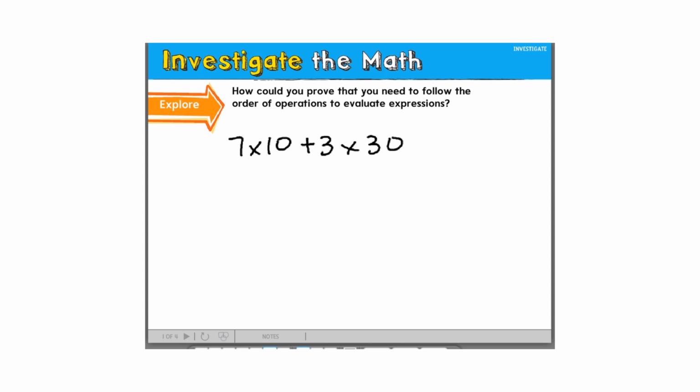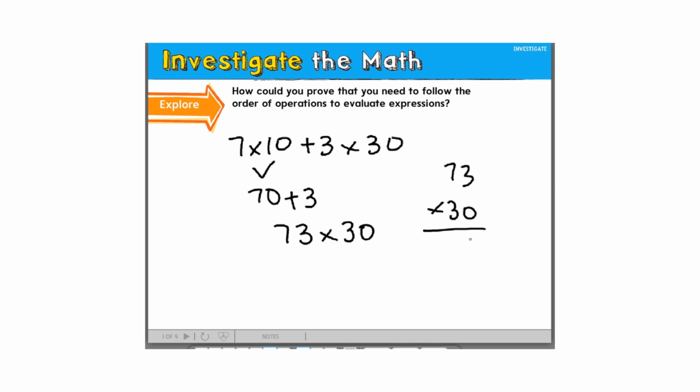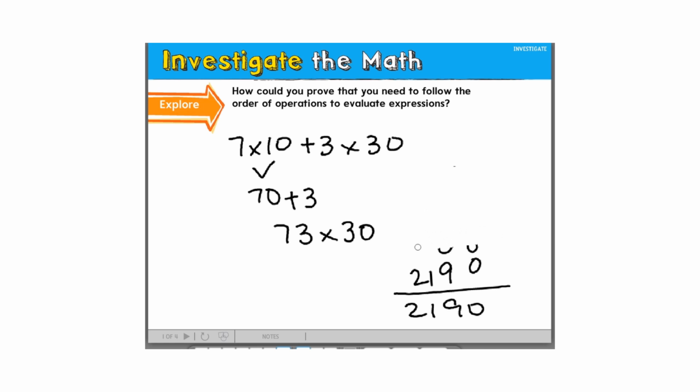You will, but I want to show you why. If we did 7 times 10 and we got 70, 70 plus 3 would be 73, and then we'd multiply that by 30. I'm just trying to show you how you do not get the same answer. Not the same answer, right? We got 160 last time. So that's why I told you to not write this in your notes, because it's not the right way.